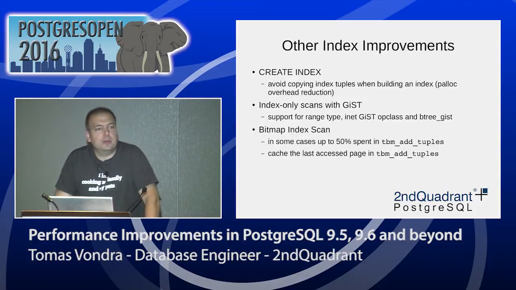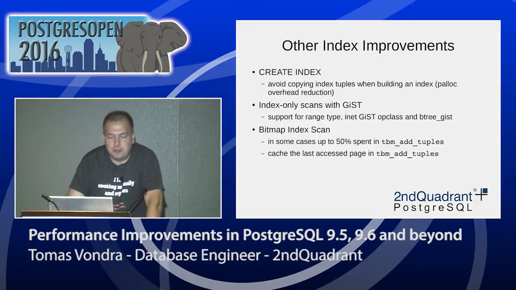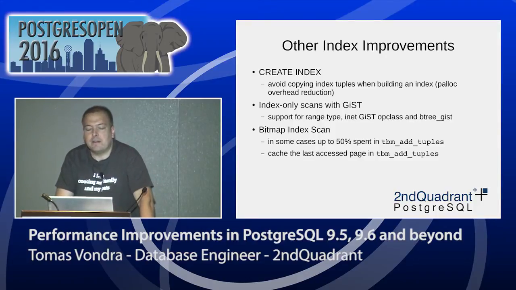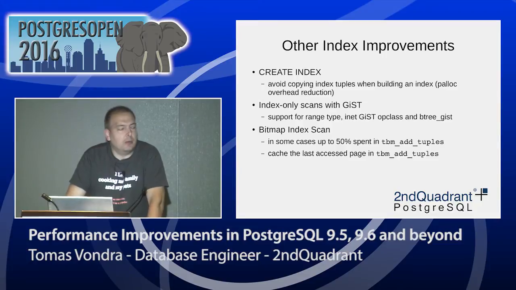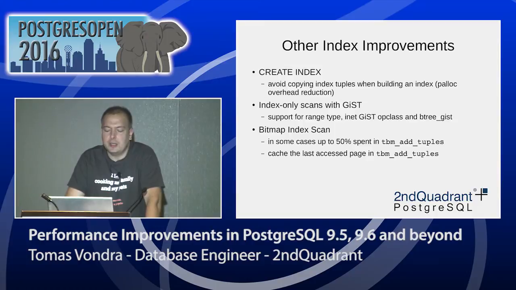Okay, there are many, many other index improvements in 9.5. So for example, we are reducing the overhead of copying data in memory for no particular reason. We can also do index-only scans with additional data types in GIST.